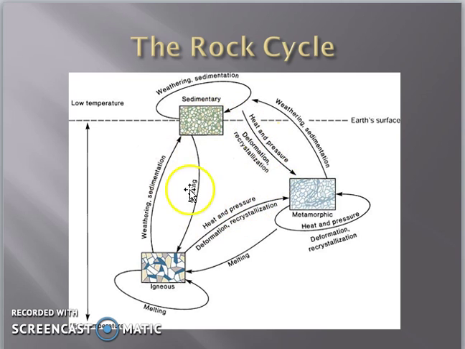So it's this big connected process that leads to these three types of rocks, and that's really the big thing that I want you to try and get a handle on out of this chapter, is how these rocks form and how it's related to plate tectonic activity.